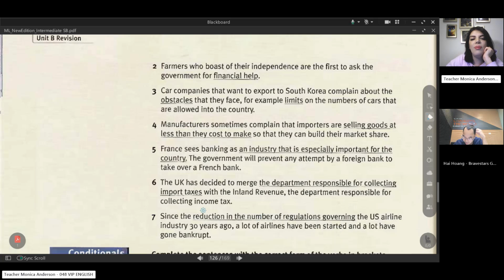And number 6, the UK has decided to merge the department responsible for collecting import tax. So I missed some text.